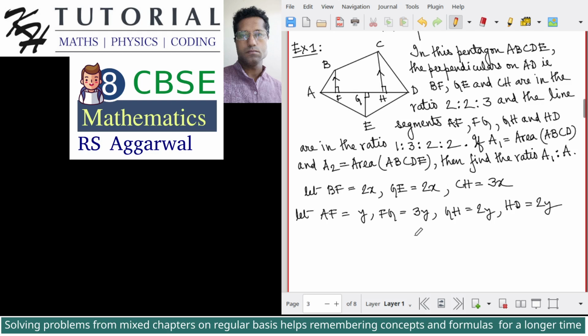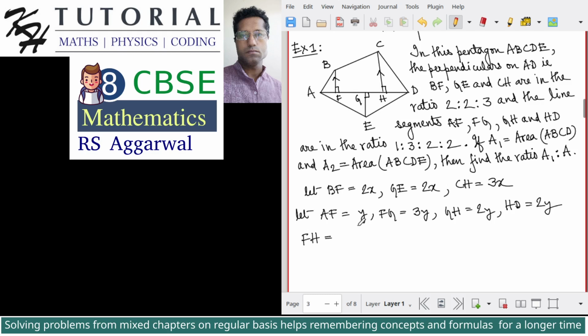Now for the triangle ABF, we need BF, which is 2x, and the length of the base AF, which is y. For the trapezium BFHC, we need the distance between the parallel sides, which is FH. So let's see what is FH.